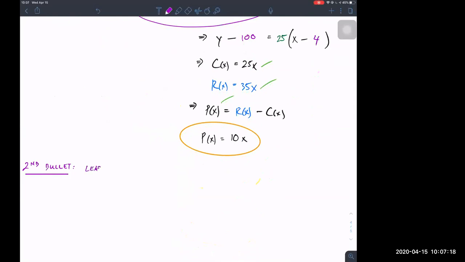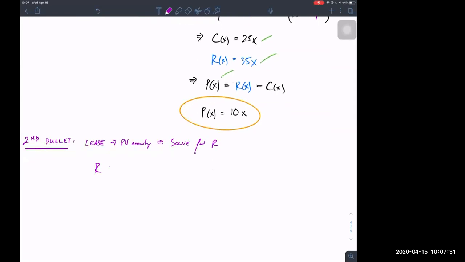Right, lease means present value annuity, which means that you solve for R, right? And again, that formula is just this one right here: 1 minus (1 plus i) to the negative n. And then you plug in your numbers, and they are the following. 300,000.